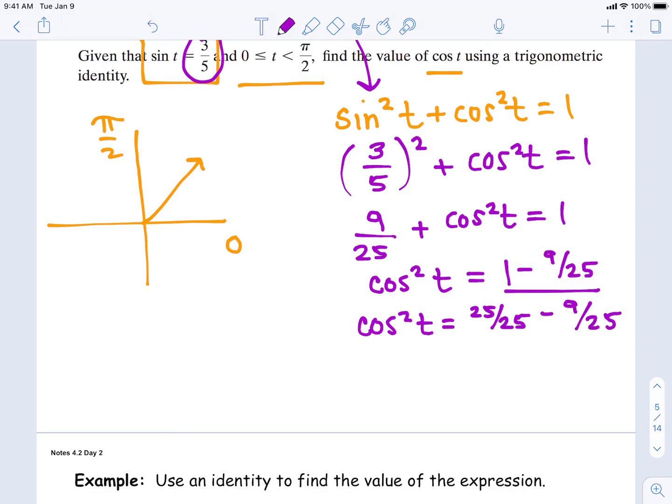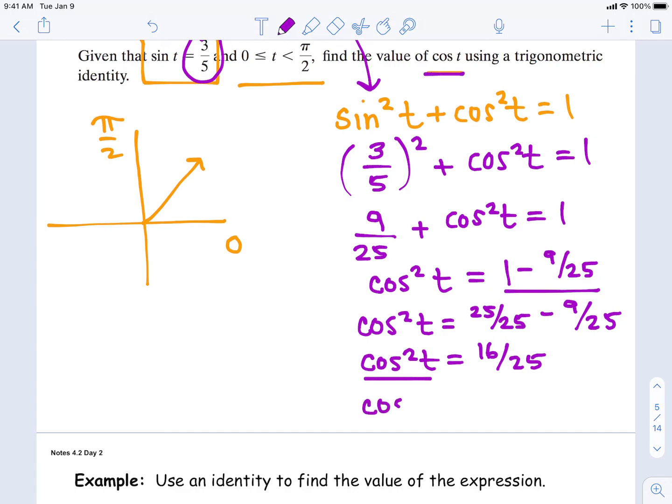Subtracting 9/25. Now these two fractions are alike. So 25/25 minus 9/25 is 16/25.